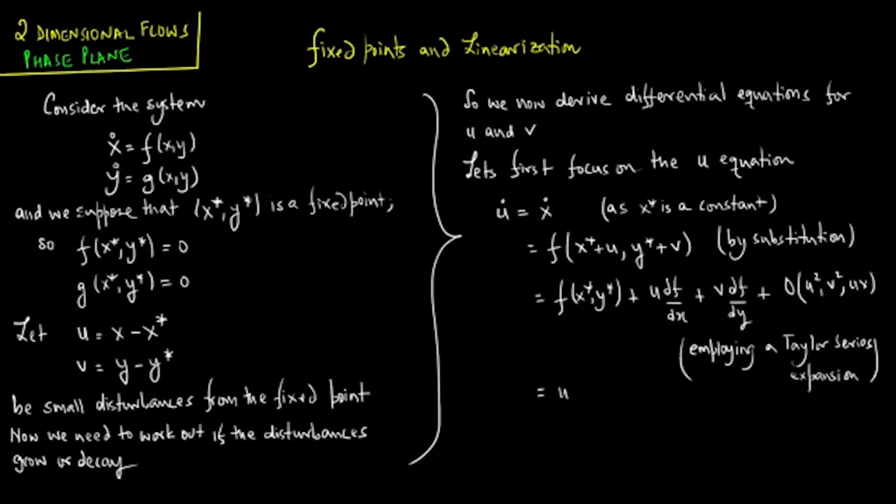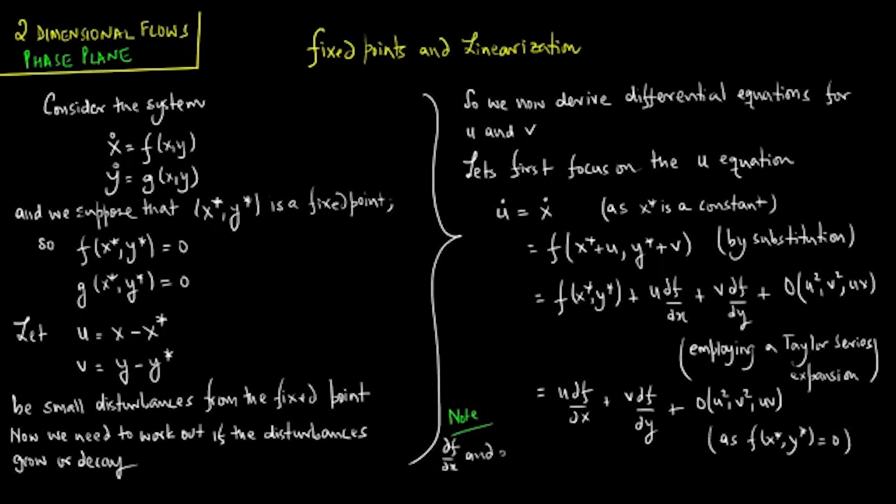This is equal to u df/dx plus v df/dy plus terms which are order u squared, v squared, uv, as f of (x star, y star) is 0. Note that df/dx and df/dy are to be evaluated at the fixed point (x star, y star).